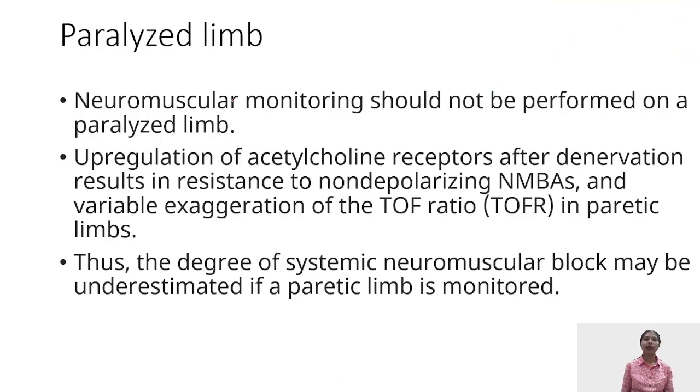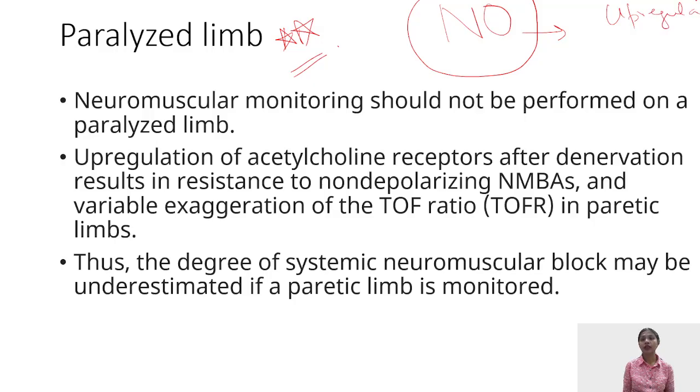Paralyzed limb, again a star one. If it says that neuromuscular monitoring can be done on a paralyzed limb or not, the answer is a big no. The reason is that the paralyzed limb does not function, so there is upregulation of acetylcholine receptors, and thus there is exaggeration of the response that comes.